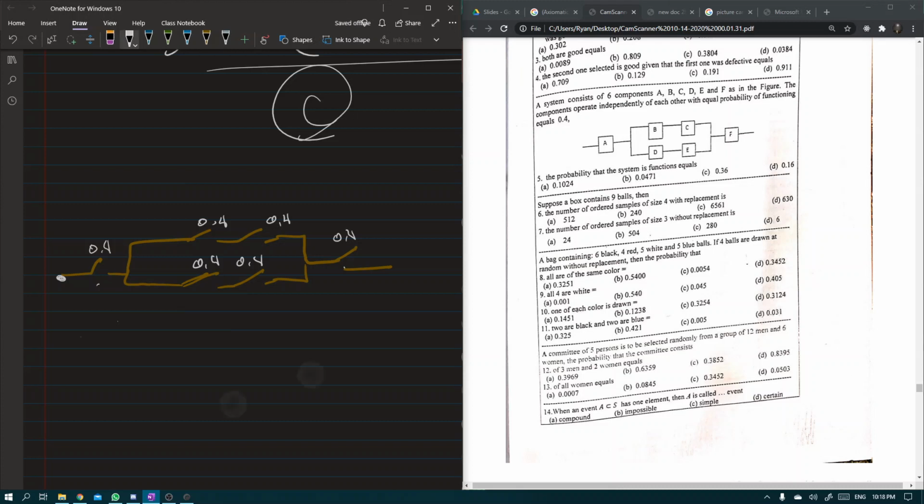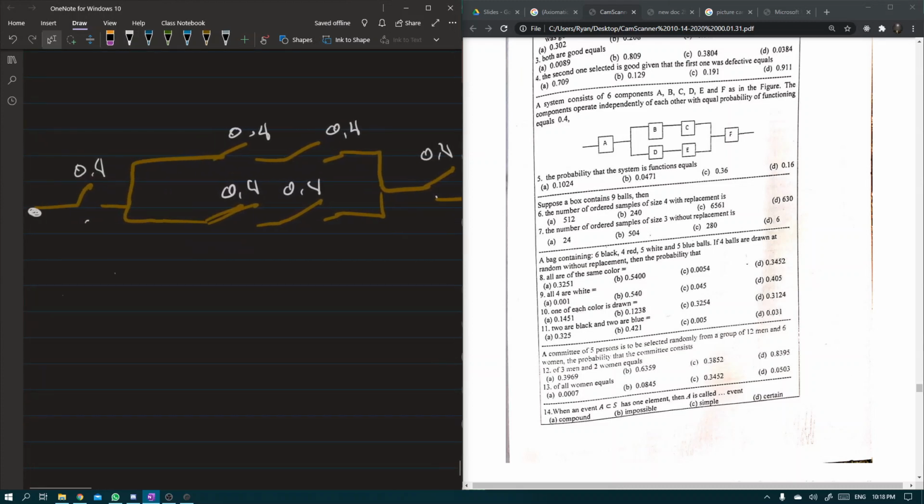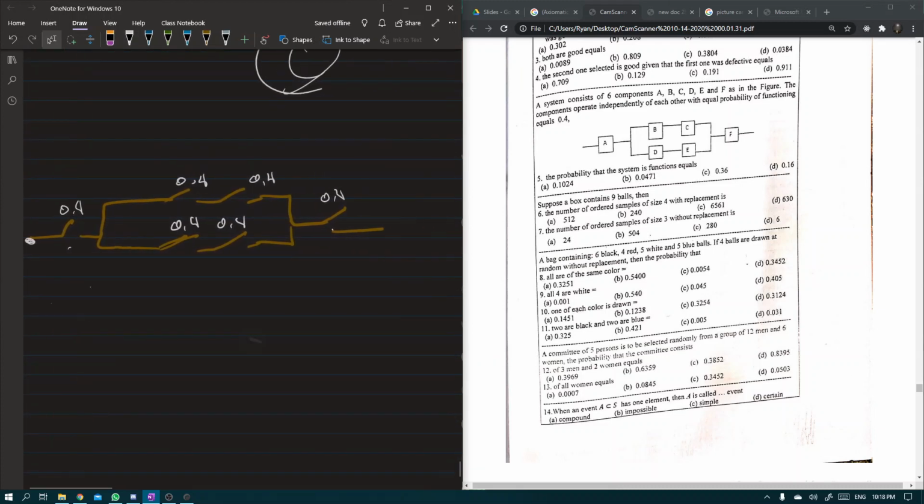For the circuit to work, we need a complete connection to both sides. So if this one doesn't work and this one doesn't work, we know that the circuit will fail. For it to succeed, we need both of them to work. So 0.4 times 0.4, and again here we need both of them to work, so this is 0.4 times 0.4.